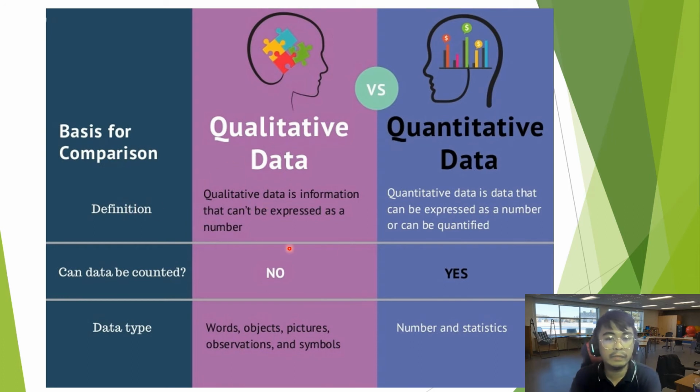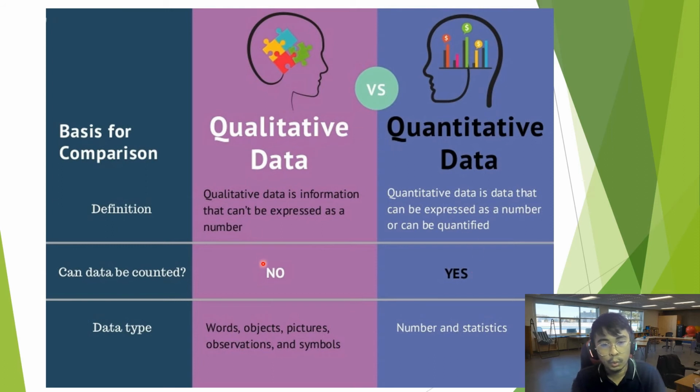For qualitative data, it is an information that can't be expressed as number. Again, the key term there, can't be expressed as number. While quantitative data is data that can be expressed as number or can be quantified. Okay? So with that, of course, qualitative data cannot be counted, while quantitative data is a kind of data that can be counted.